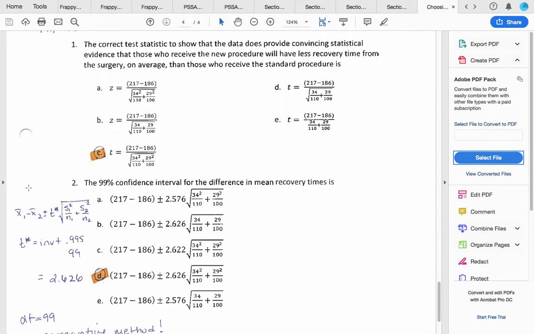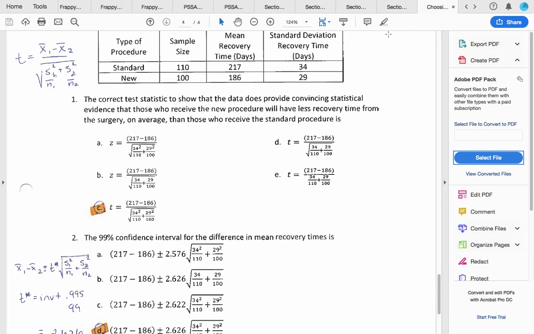So you could either use the small tail over here, 0.005, or this one up here has an area of 0.995 to the left. So inverse t, 0.995, there's my degrees of freedom, I get that number right there. So that eliminates A, C, and E. Then if you look at the difference in the formulas, this one doesn't have the squared, so D is the right answer.